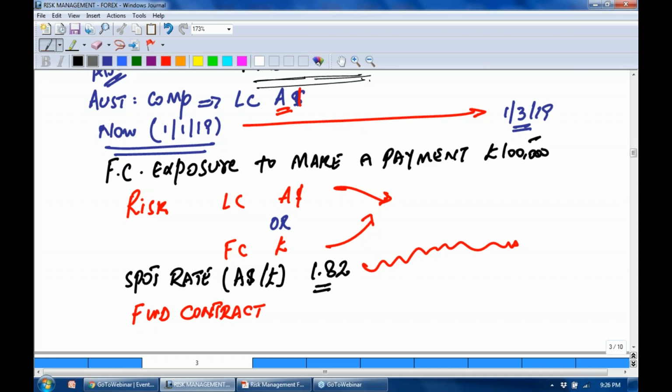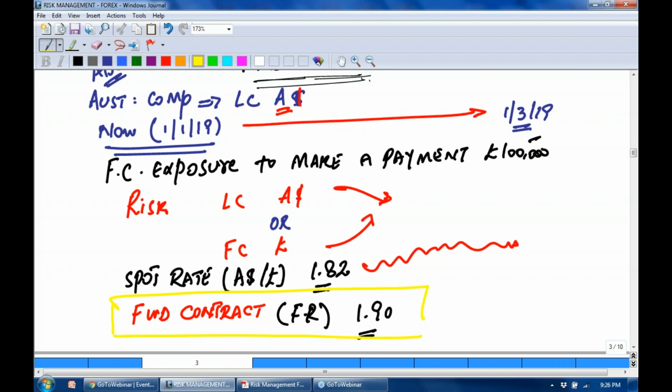It means there is a rate, that is the forward rate. For example, the bank has offered the rate 1.90. What does this 1.90 mean?